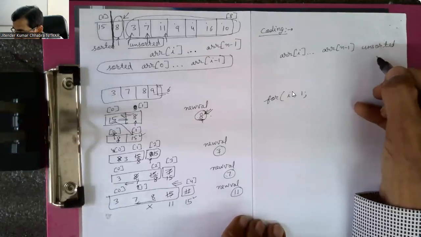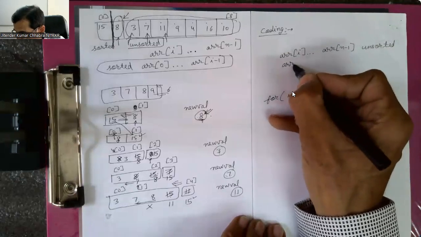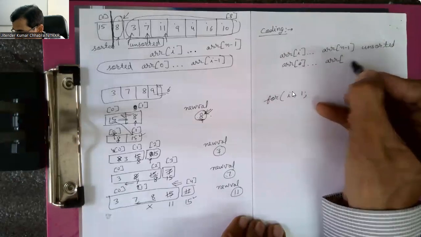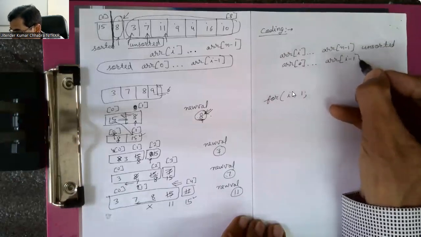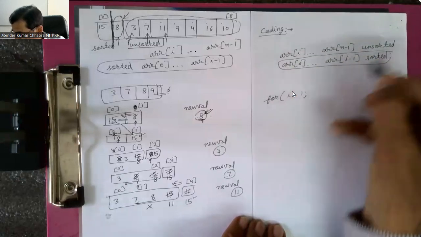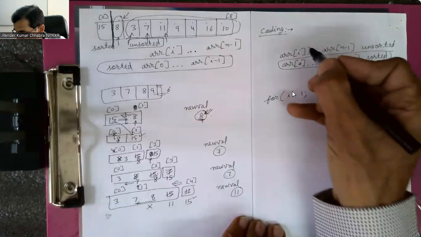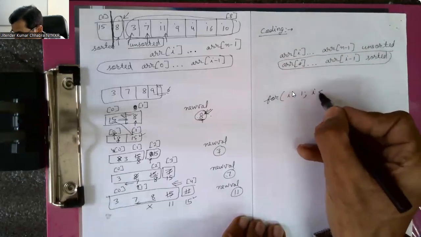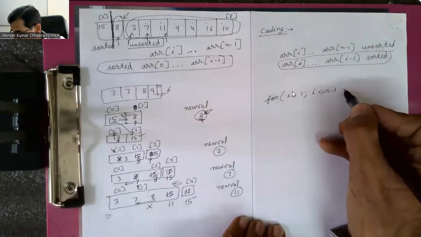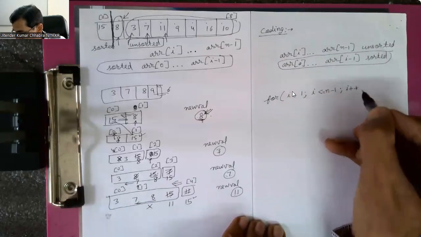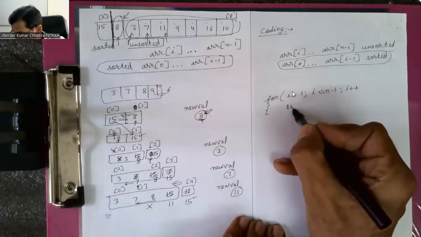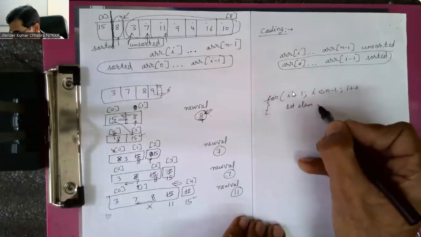So array 0 to array i minus 1 is a sorted list. Initially there can be only one element which will be considered as a sorted list. So my first time i will be 1, and of course up to the last element I will go, so less than or equal to n minus 1, or you say less than n, the same thing. Effectively what I have to do, the first element of the unsorted list is to be inserted.